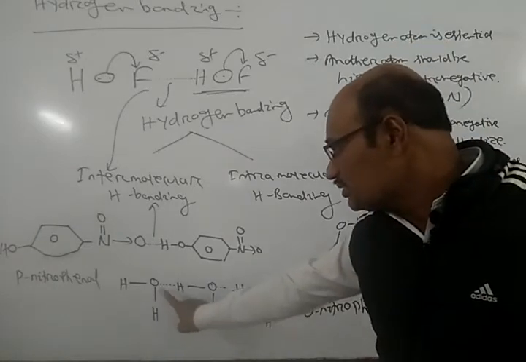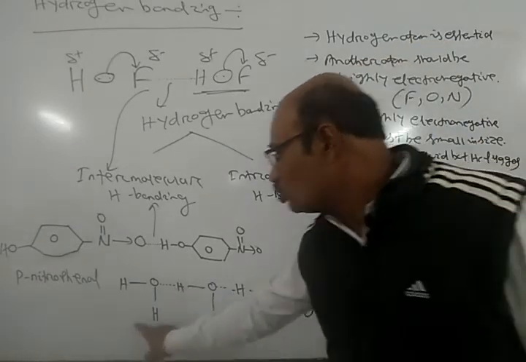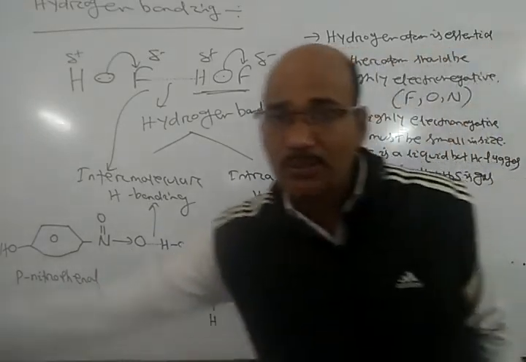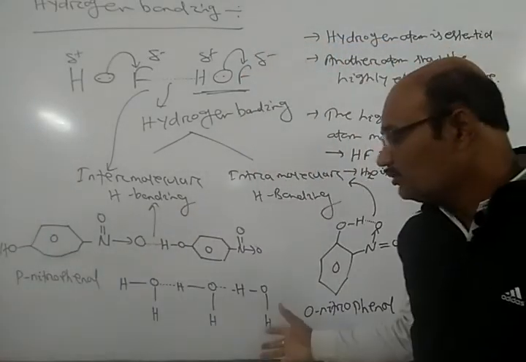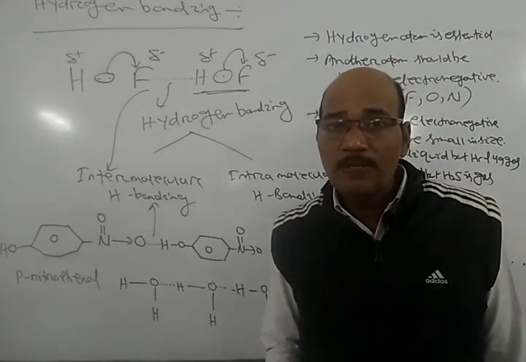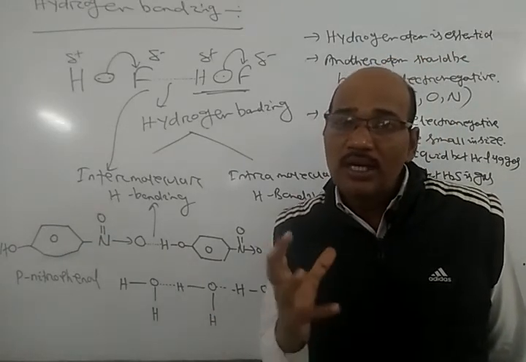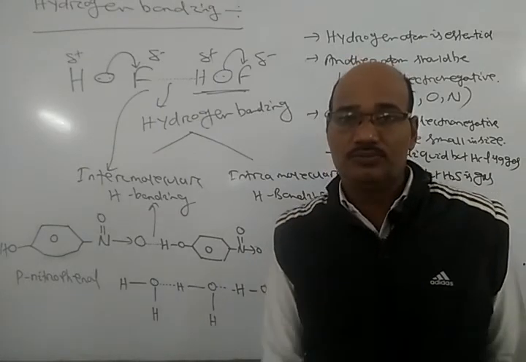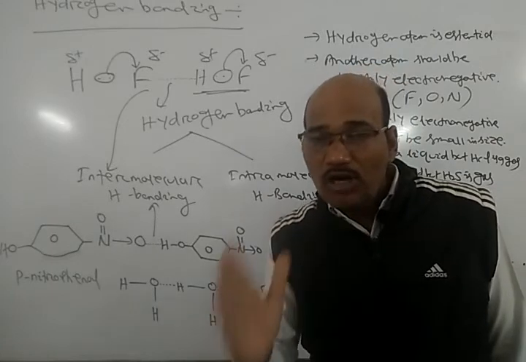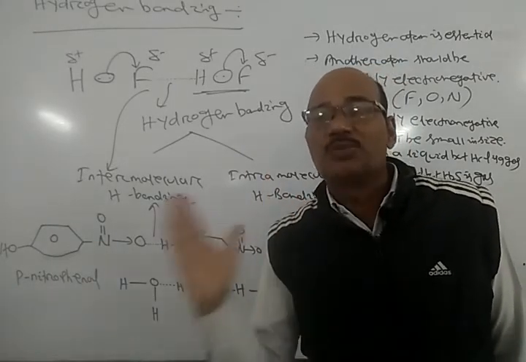Due to this hydrogen bonding, a large number of H2O molecules associate and form a liquid. But in H2S, due to the large size of sulfur, the hydrogen atom cannot form a hydrogen bond with sulfur.